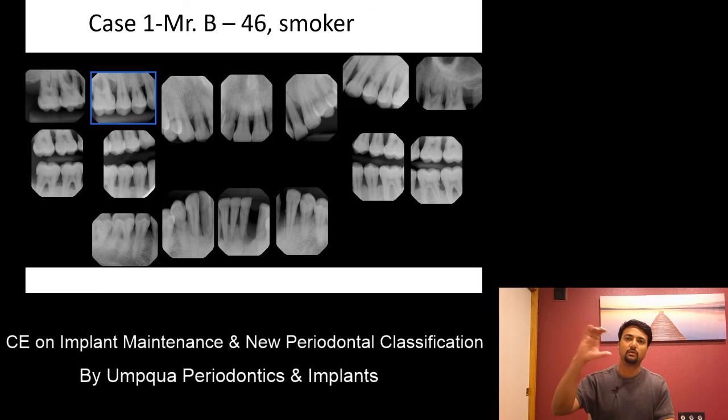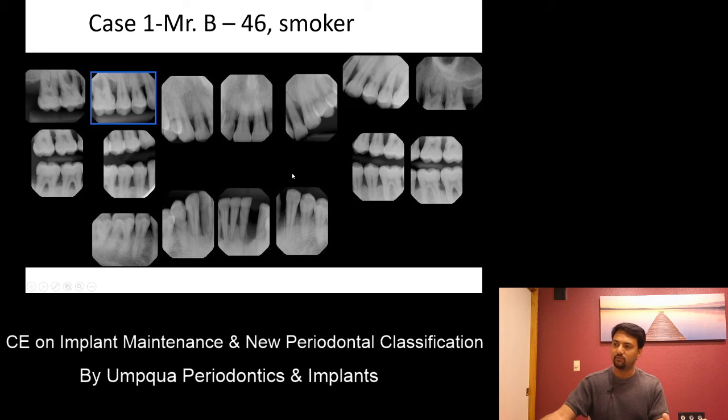Remember, coronal third of the root is stage 1 or 2, middle third is stage 3, apical third is stage 4. So this is clearly a stage 4 patient. Generalized, localized, molar incisor? I would say generalized.